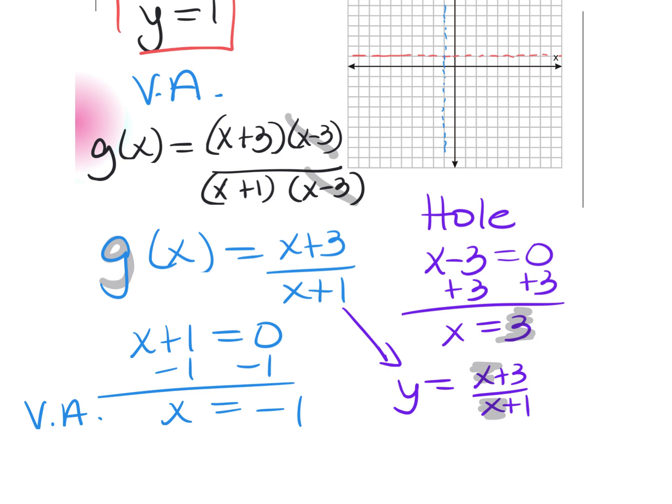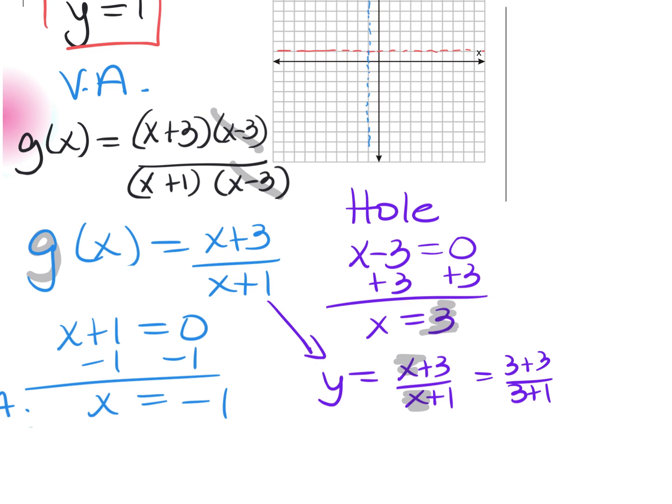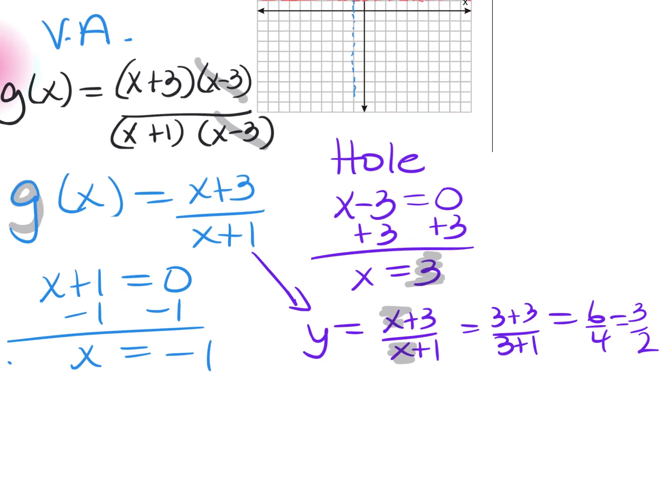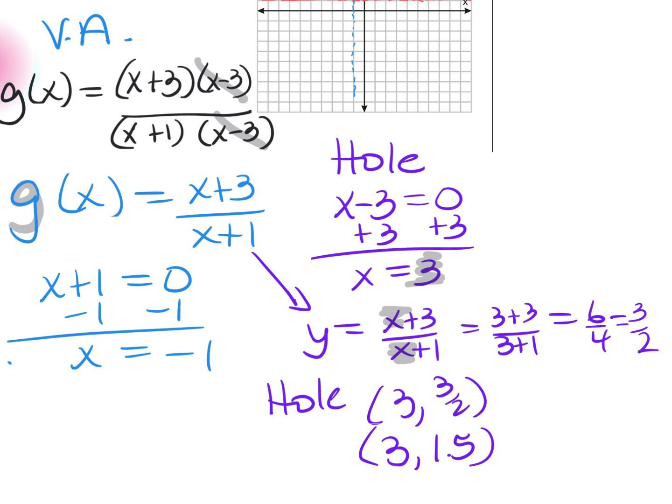So I get 3 plus 3 over 3 plus 1, which gives me 6 over 4, which simplifies to 3 over 2. So my hole is located at 3 comma 3 over 2, which is really, for graphing purposes, 1.5.